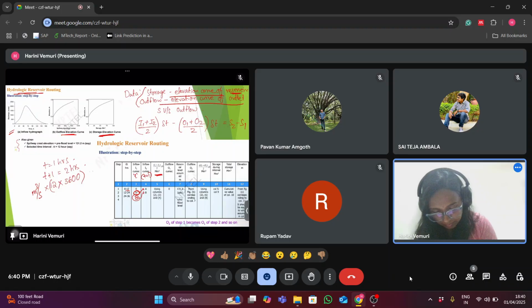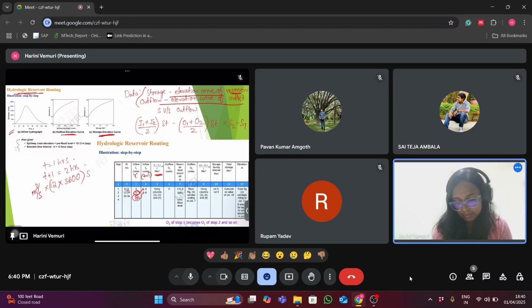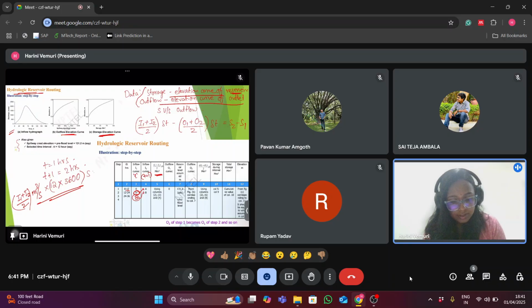Okay. So like this, you have to do the calculation for column 5. Then you will have this term (I1 plus I2) by 2 into delta T value. And then suppose here we are saying the pre-flood level of the spillway is 131.2 meters.